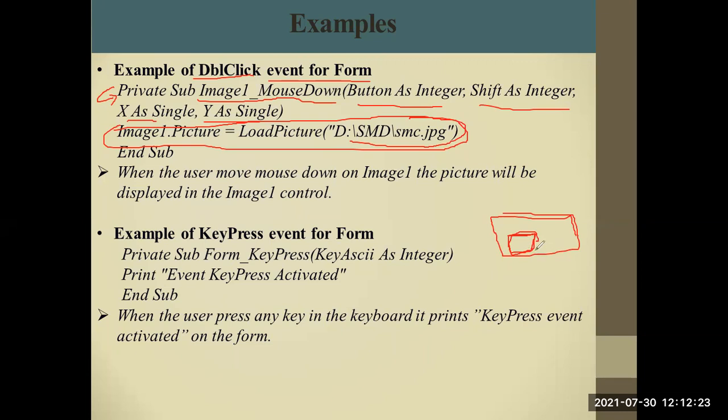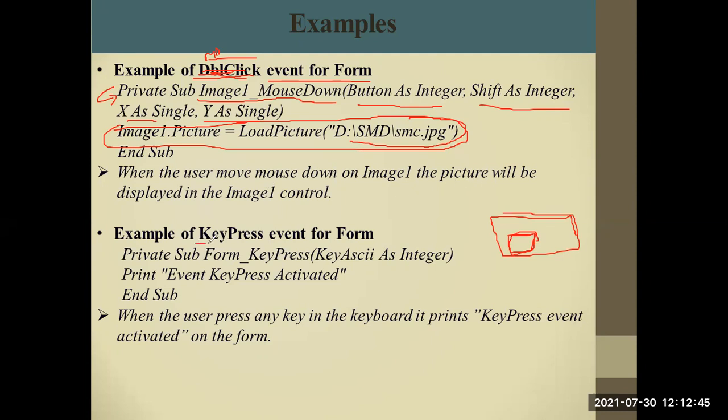Now this particular event is happening as we move the mouse. This should not be double click, this will be mouse down. Just look at it, this is the mouse down event. So whenever you move the mouse down, that will be displayed in there.